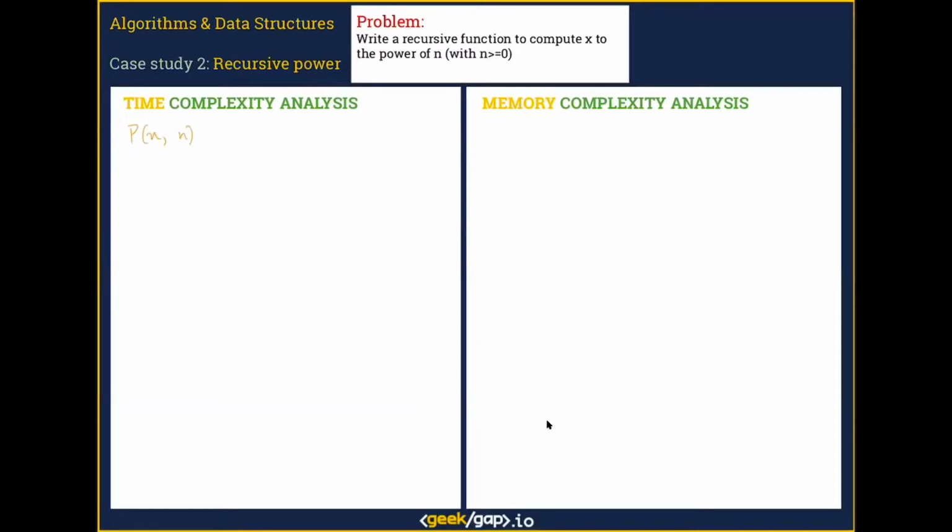And we want to find the time complexity. And it's defined as x multiplied by power of x, n minus 1, right? It's pretty much like the factorial that we just saw. We want to find T of n, which is the time it takes if the power is n.